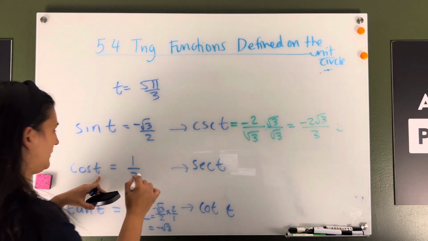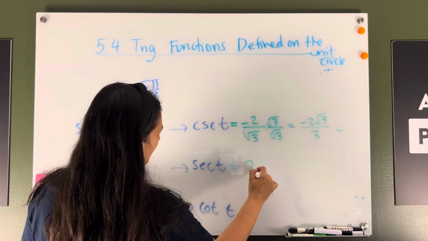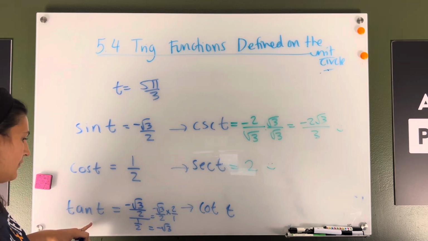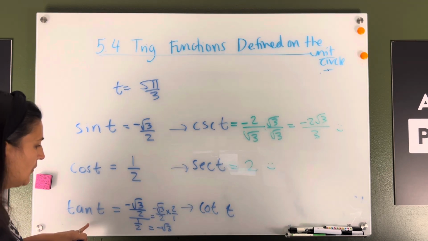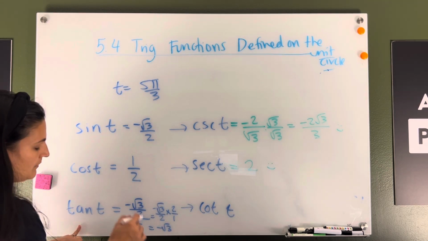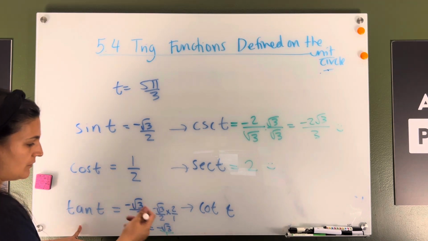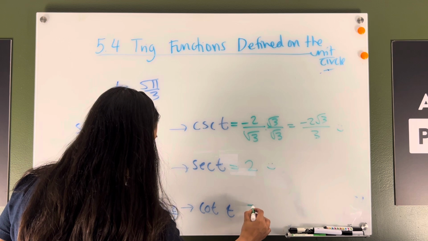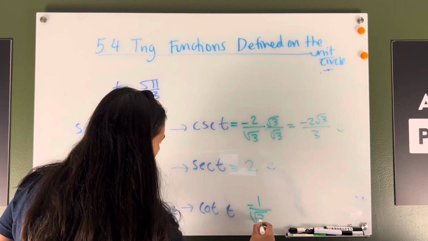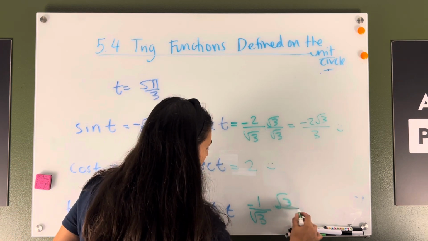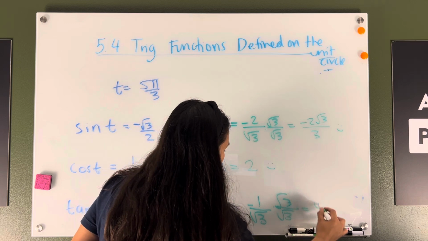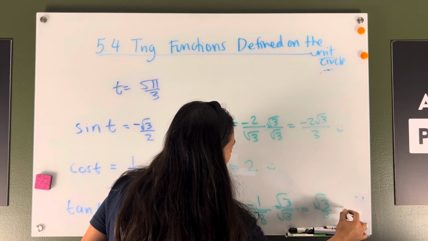Secant, flip cosine, so that's just 2 over 1 or 2. And then for cotangent, flip tangent, which we got negative square root of 3, or negative square root of 3 over 1, same thing. So if you were to flip it, it would be -1 over the square root of 3. You would have to rationalize that. And you're done.